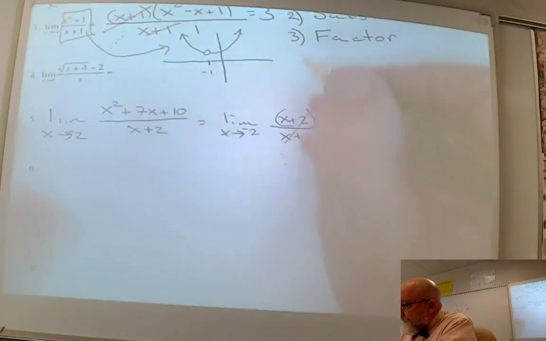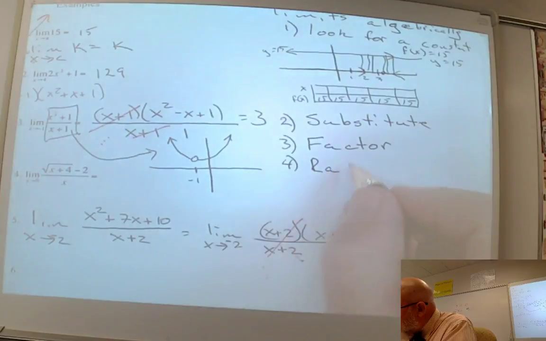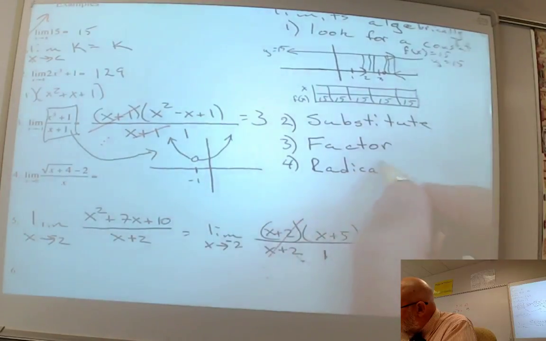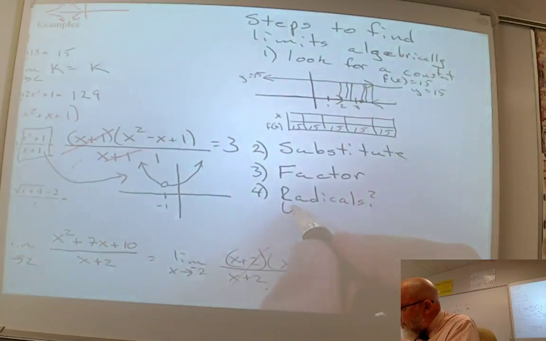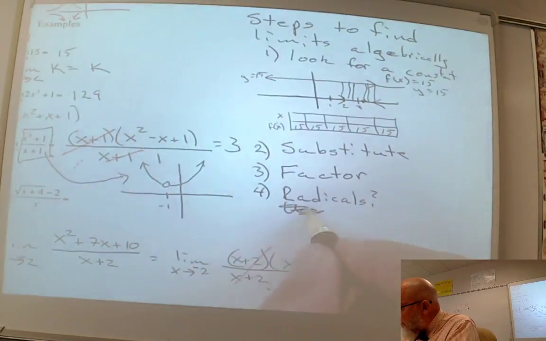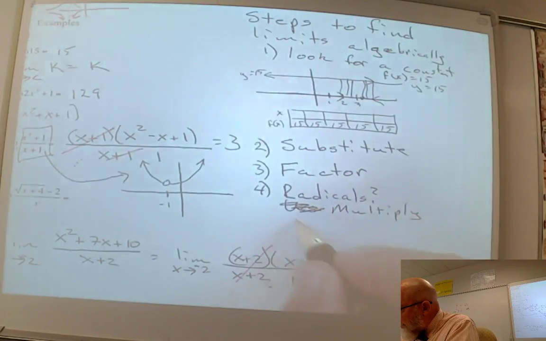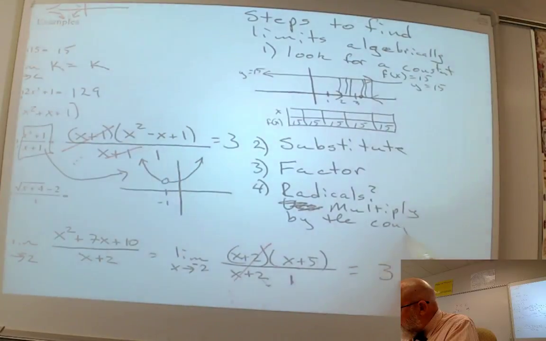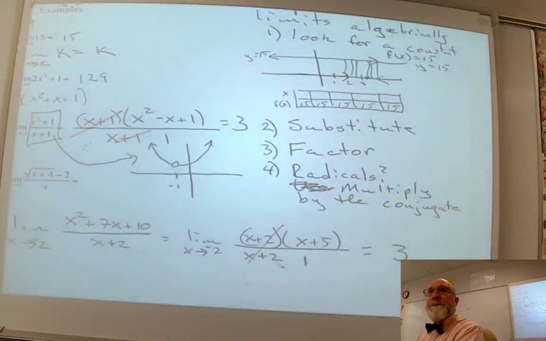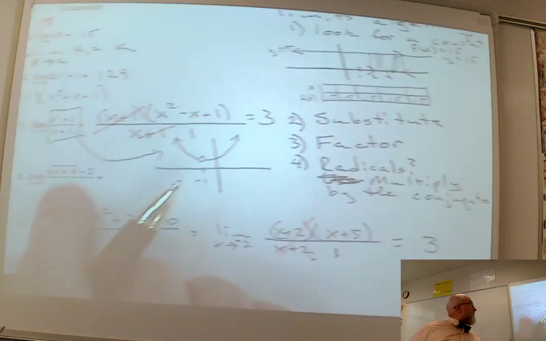Fourth step. Step 4. Radicals. Multiply by the conjugate. So I got a radical here.